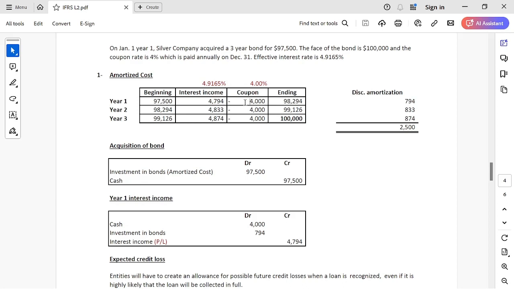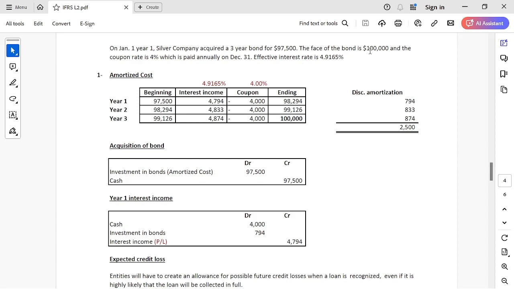However, you withdrew 4,000 here in this case, which is the coupon rate, the stated rate, which is paid annually. So the bond issuer has to make such annual payments, and it's always going to be the stated rate multiplied by face value. So nothing related to the effective interest or the discount here.